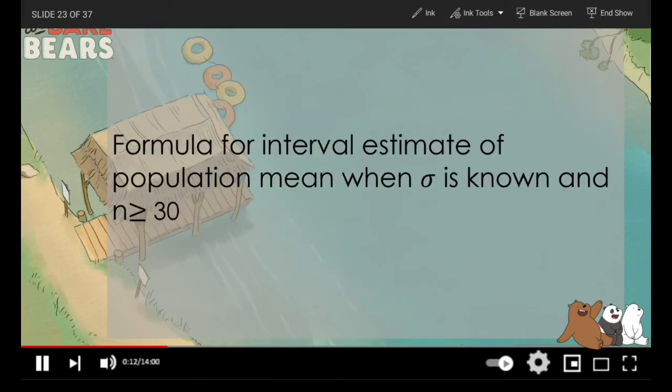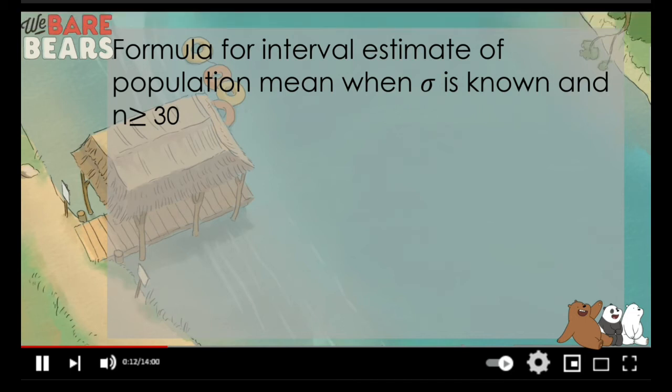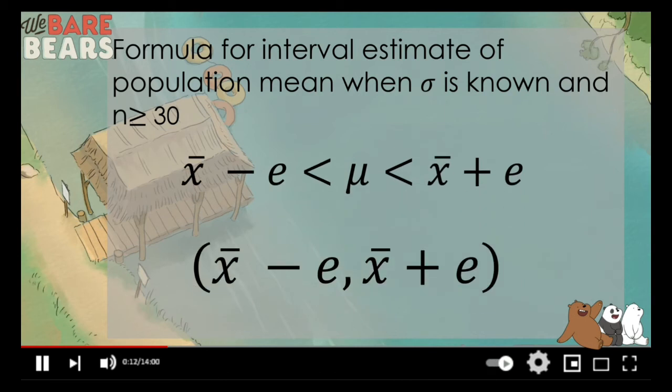For us to simplify the formula, we have the sample mean minus the margin of error, that is less than the population mean, and it is also less than the sum of the sample mean and the margin of error.